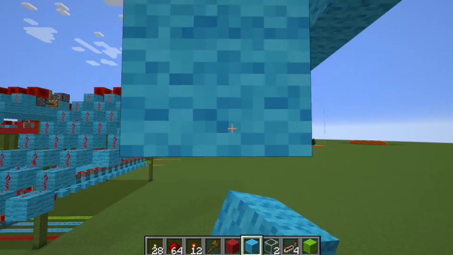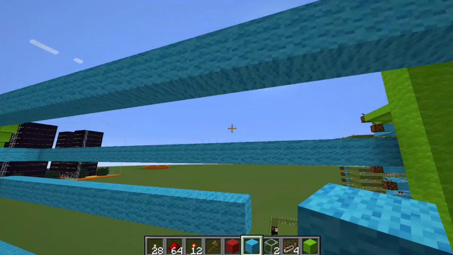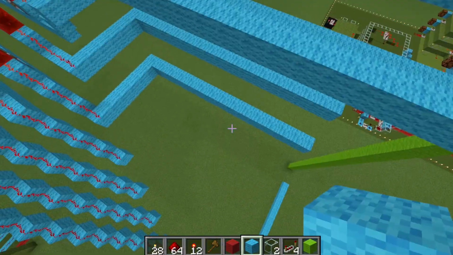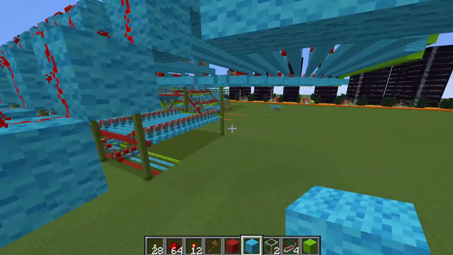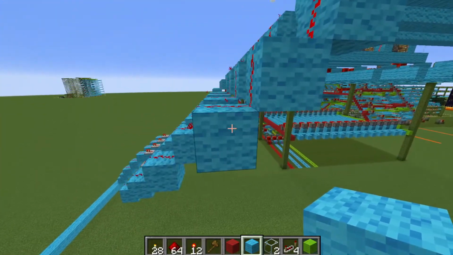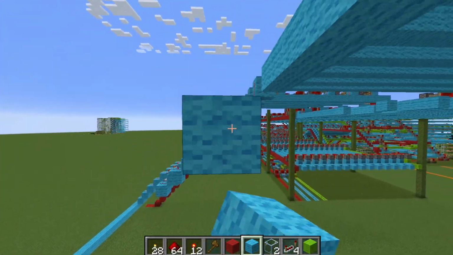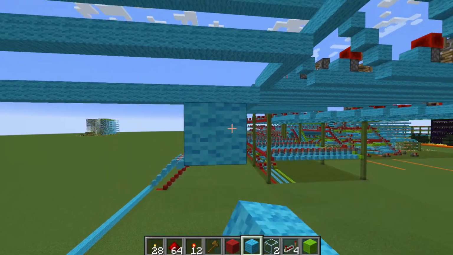Like this, I can always have insta wires without them interfering with each other, because there's always going to be more than one block of vertical separation. Except in the crossover point there.